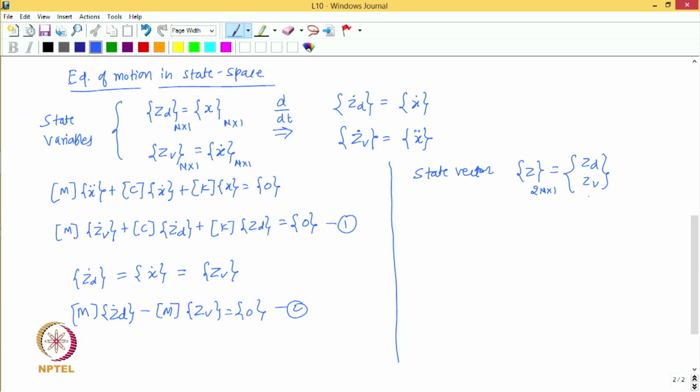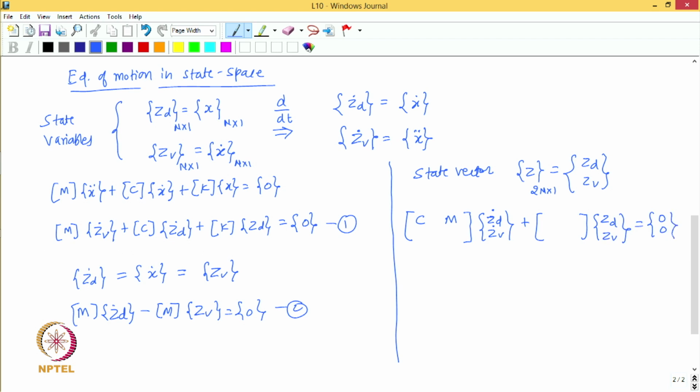So, let us try to write down these two equations and combine them into a single matrix equation like this. So, z d dot and z v dot, this would be C matrix, then we have M matrix here, and then plus we have z d and z v is equal to 0.